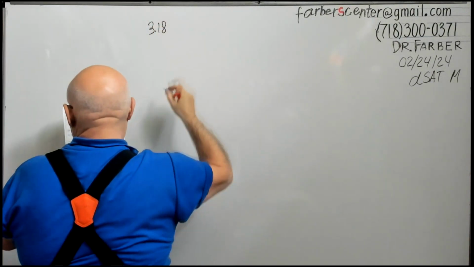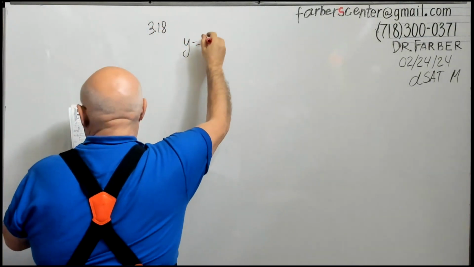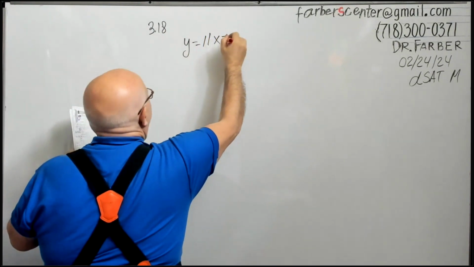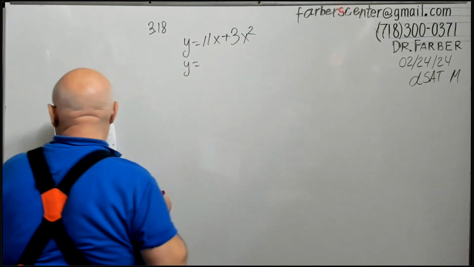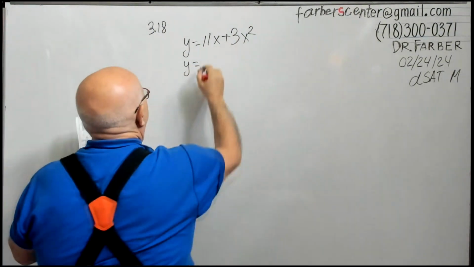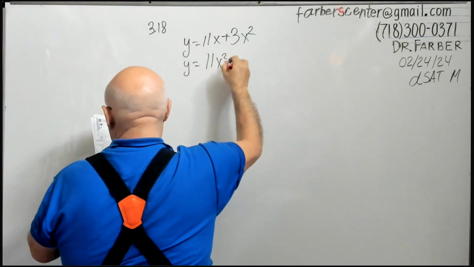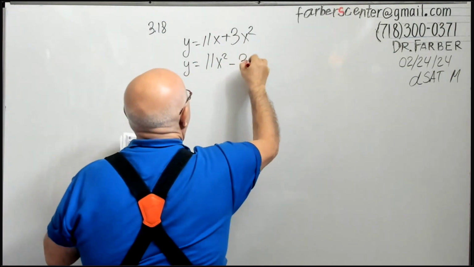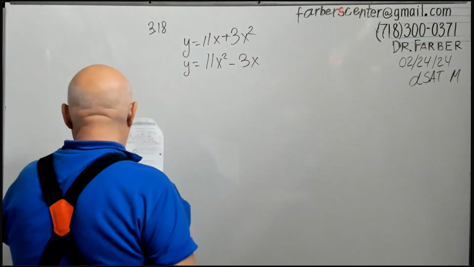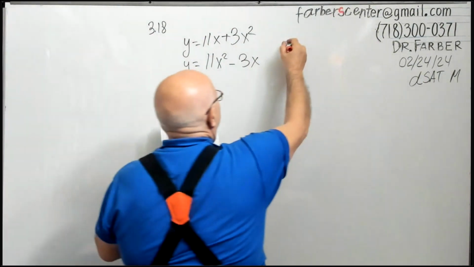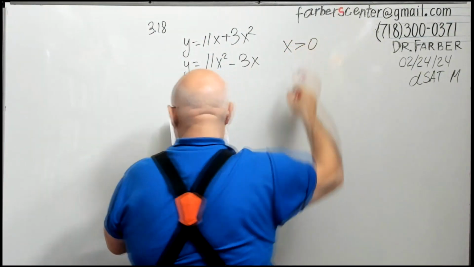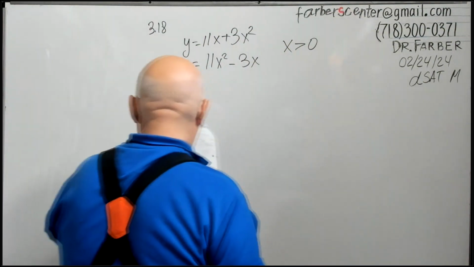What we have, y equals 11x plus 3x squared, and y equals 11x squared minus 3x. X is greater than 0. And you have to find x.